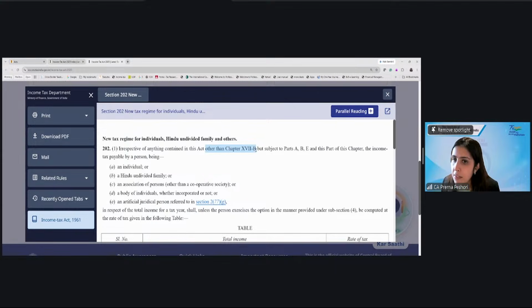Meaning it is overriding every other section of the Income Tax Act, including your charging section, including every other section. But it is saying other than Chapter 17B.